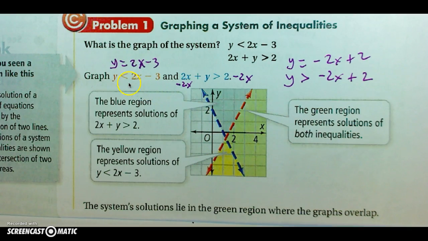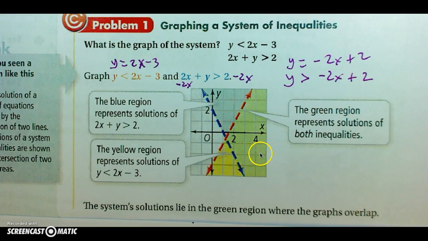So if we come back over here, we have y is less than 2x minus 3. We said that was the red one. We're not surprised: y is less than, so that means everything on this side of the red line is yellow. And when we take a look at the blue line, it says y is greater than, so everything above the line is blue.